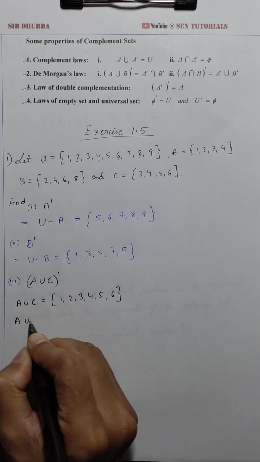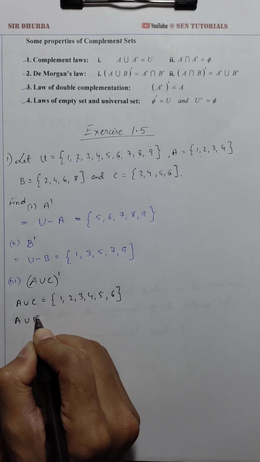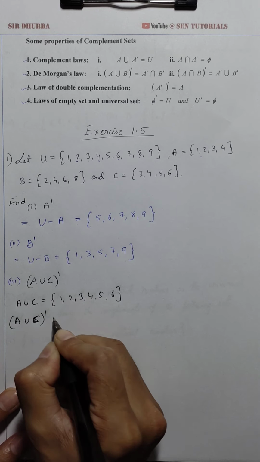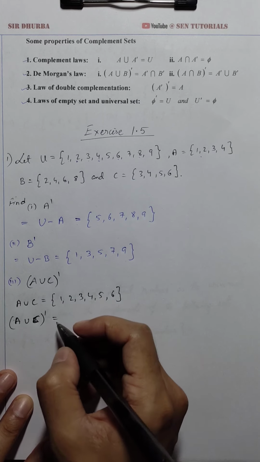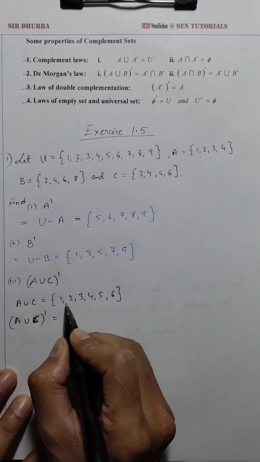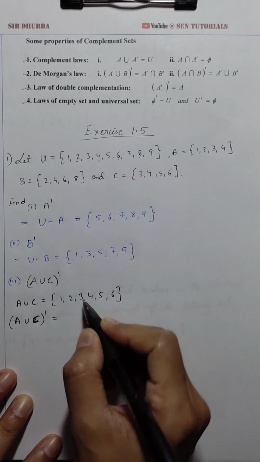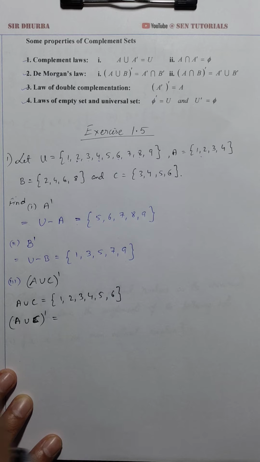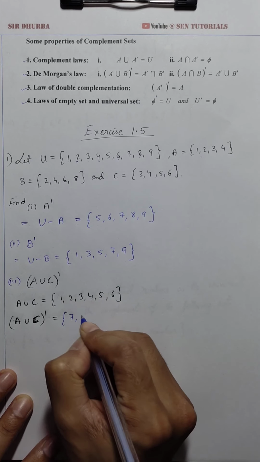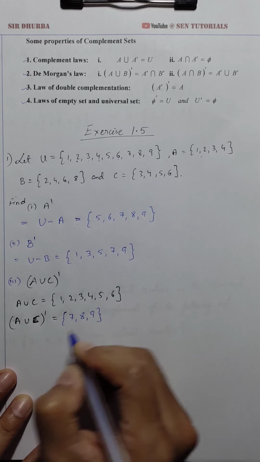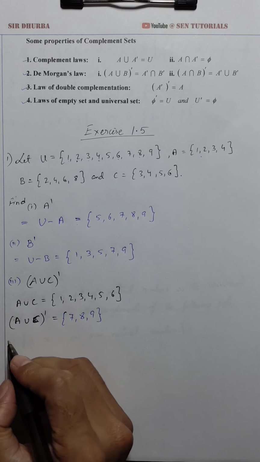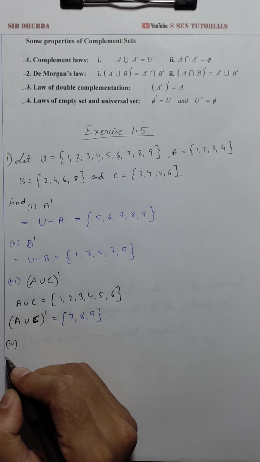So what will be the complement of A union C? That is all the elements leaving these elements, 1 2 3 4 5 6. So the elements will be 7 8 and 9.